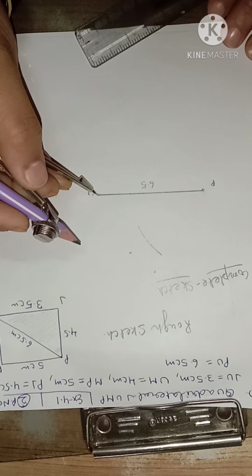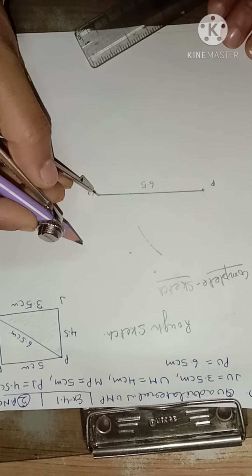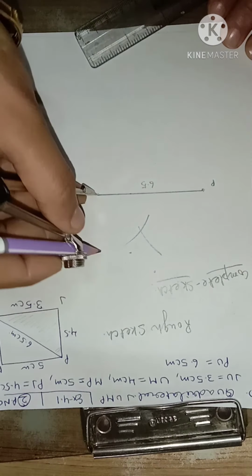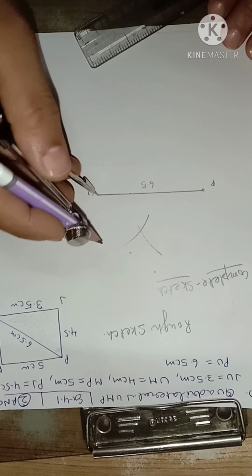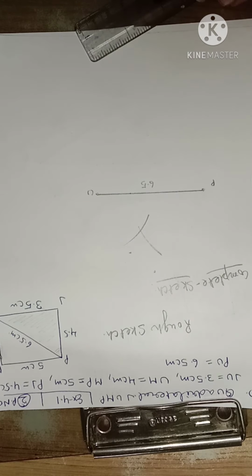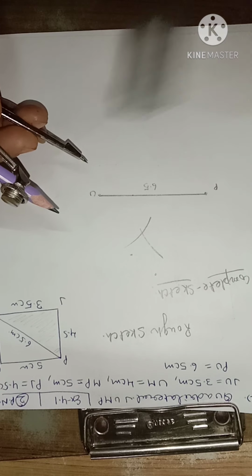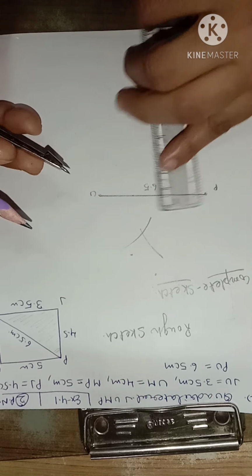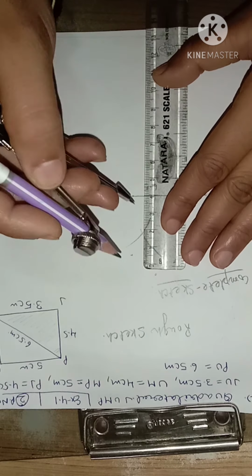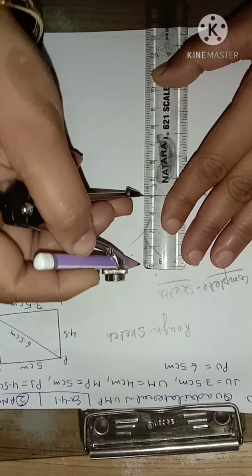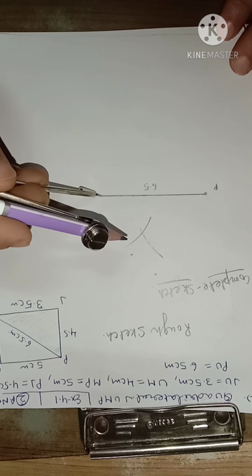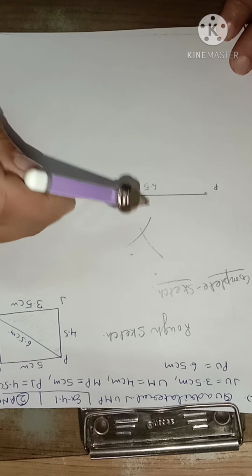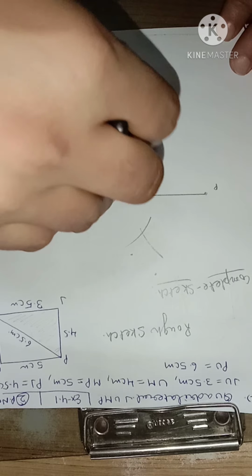Open the compass to 3.5 centimeters. Then keep the tip of the compass at point U and cut the previous arc which you have already made. Next is from U to M. The distance is 4 centimeters. Open the compass to 4 centimeters, keep it at point U and make an arc downward.